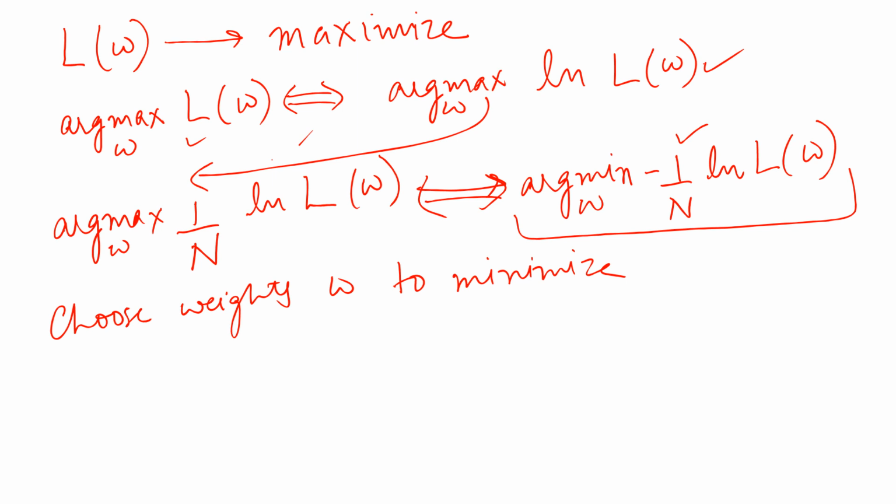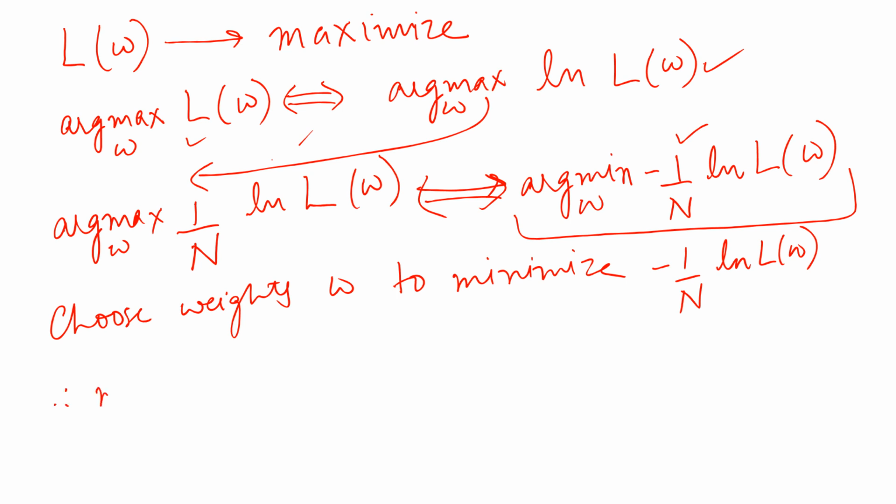Instead of maximizing, I'm going to minimize minus 1 over n log of L. Both will produce the same thing, whether you maximize or minimize, but it has been found theoretically that this one is easier to achieve. It is easier to ascertain certain properties of this function, and that's why we pick this, right?